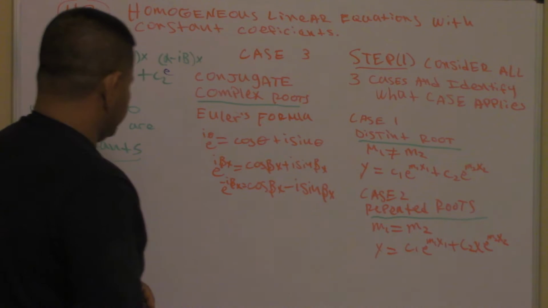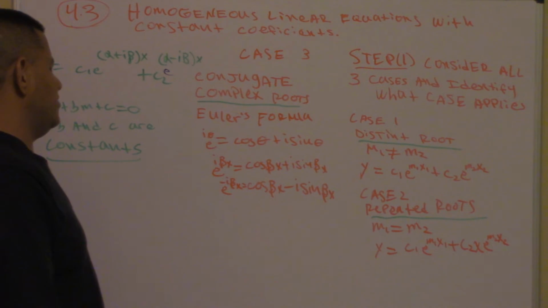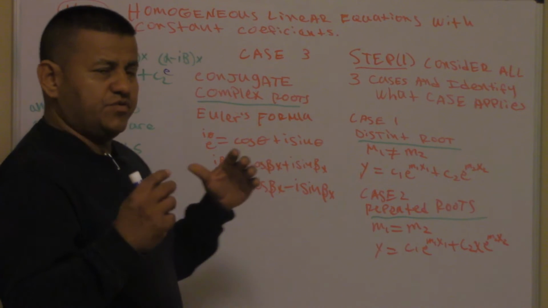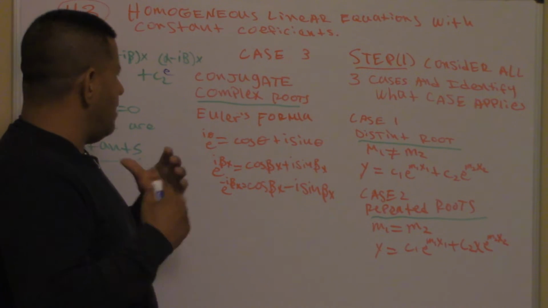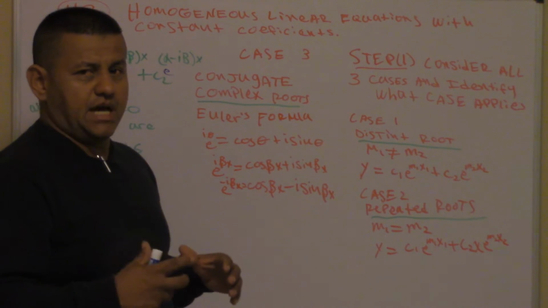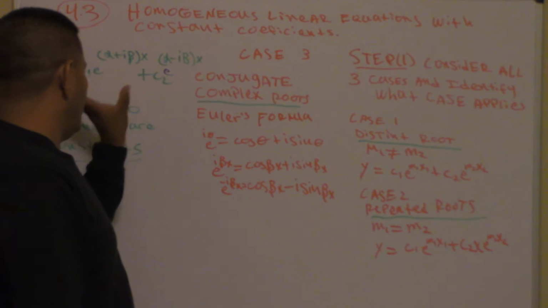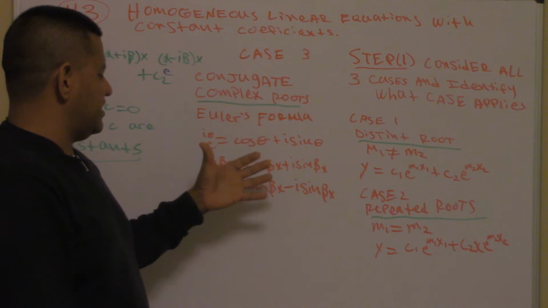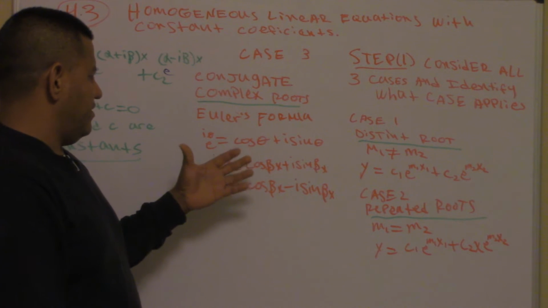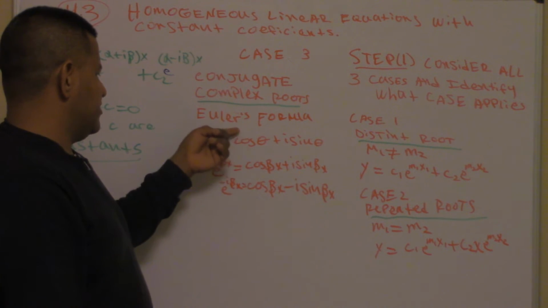This is very complicated. If you're dealing with complex exponentials, it becomes very complicated. So to avoid this complication, we deal with trigonometric formulas from Euler's formula.